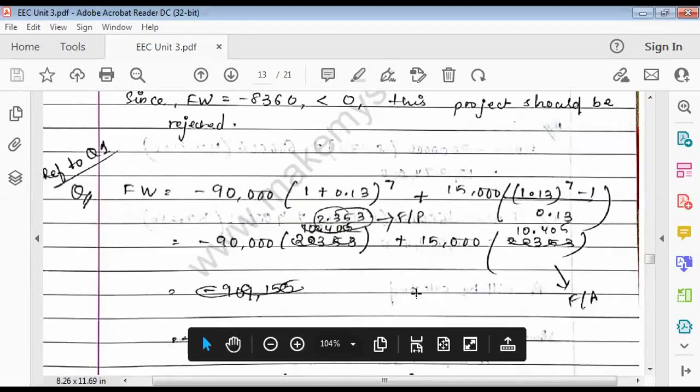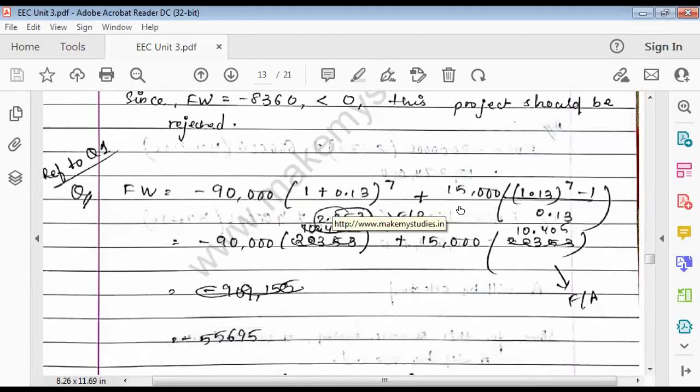In case you don't understand, you can ask. You see, for 90,000 the first formula has been used, whereas for 15,000 the second formula has been used, and rightly so, because 90,000 was a single amount and you need to find out its future worth. So that is minus 90,000 times (1 plus 13%) to the power 7, the normal compound interest formula.